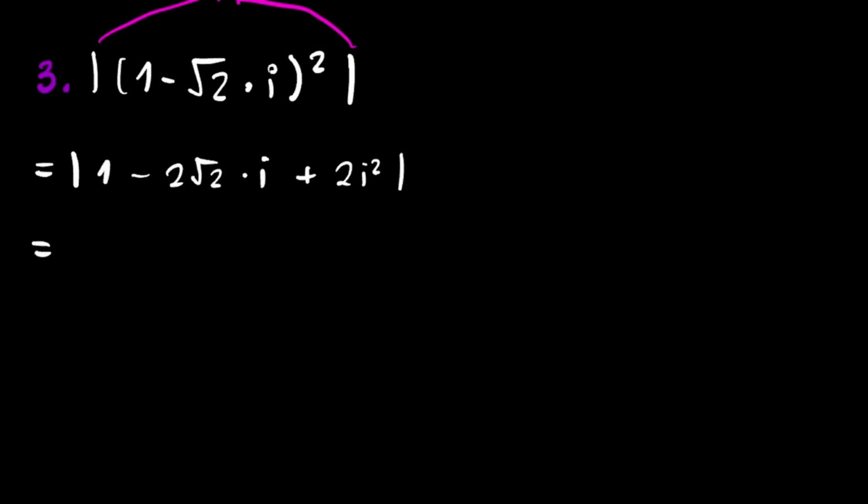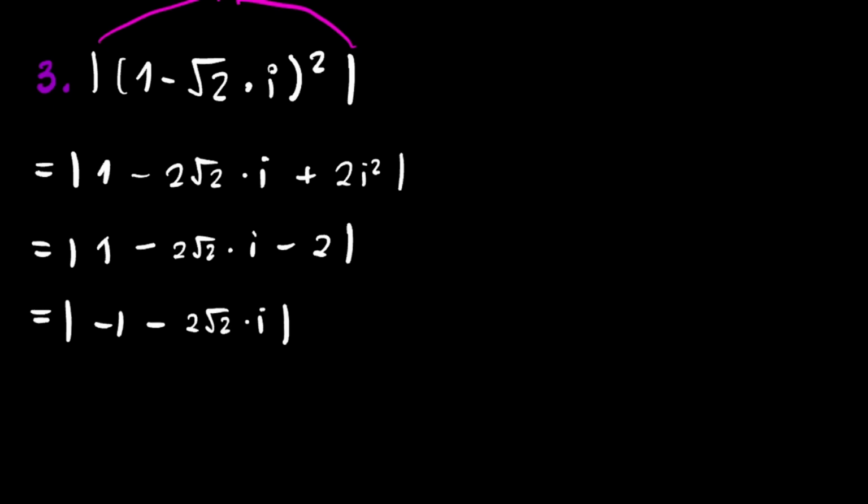We continue on calculating. At the end of the day, we're going to have 1 minus 2 times i minus 2. So we're going to have minus 1 minus 2 times i.